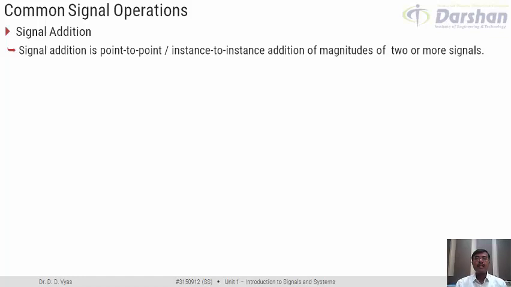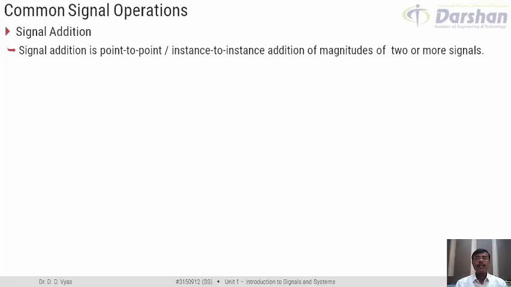It means that if I am trying to add x1 of t plus x2 of t, I would add them instance to instance. Whatever is the value of the signal x1 at time t equal to 0 would be added to the value of the signal x2 at time t equal to 0. This is what we mean by point to point or instance to instance. At any given instance of time, whatever is the value of both signals, that gets added.